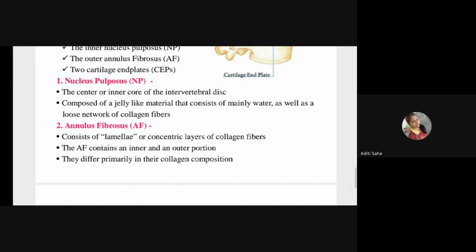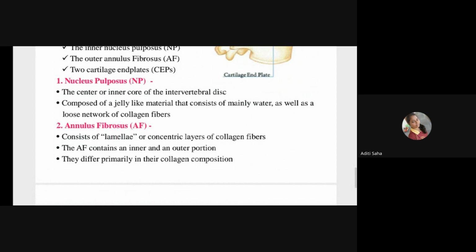It consists of lamellae or concentric layers of collagen fibers. Okay, so this annulus fibrosus is made up of collagen fibers only, and it is a concentric layer, means collagen fibers are very concentrated in annulus fibrosus. The annulus fibrosus contains an inner and outer portion.